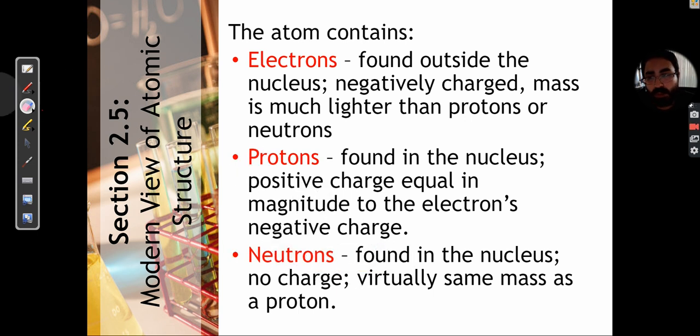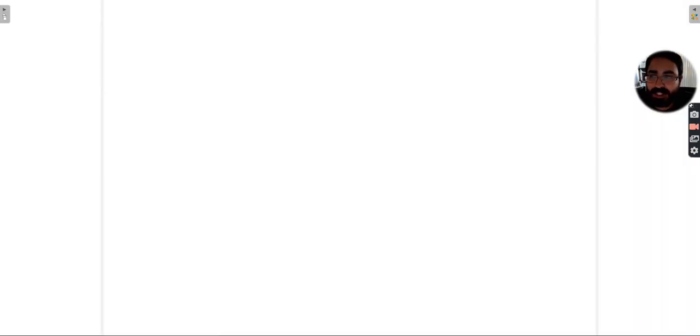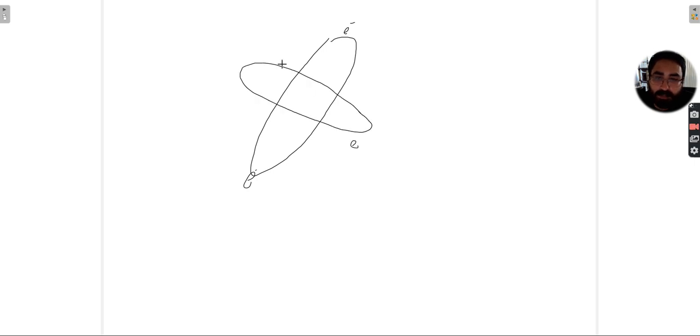Now we have that general understanding of the electron, right? Soon the idea of the atom will be complete, and I'm sure you've seen what I'm drawing here. These beams were seen as electrons, and the center is where the protons and the neutrons are.